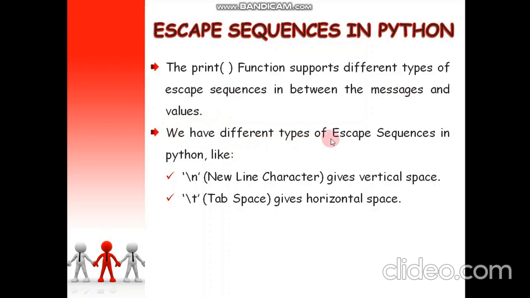We have different types of escape sequences in Python, like \n, which we call new line character. It gives a vertical space in between the two lines. Second, \t, which we call tab space, and it gives horizontal space in between the two substrings.